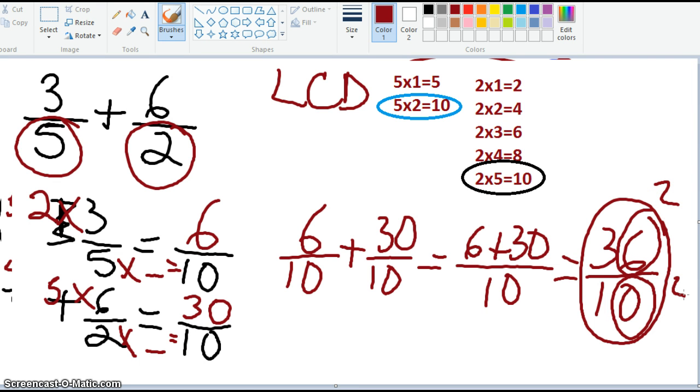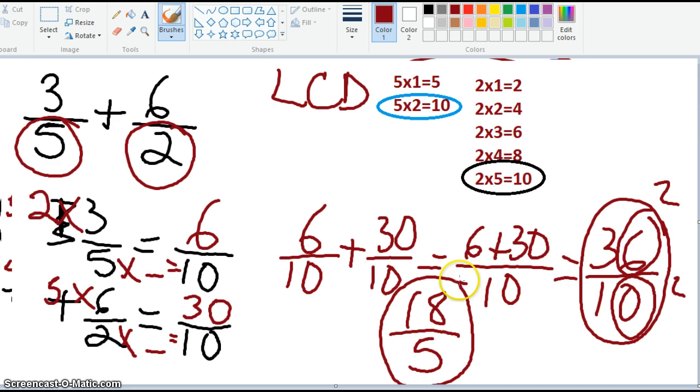The bottom will be 5, because when I divide 10 by 2, it's 5. And when I divide 36 by 2, this becomes 18. So I can reduce this down to my lowest possible value, which is 18/5.